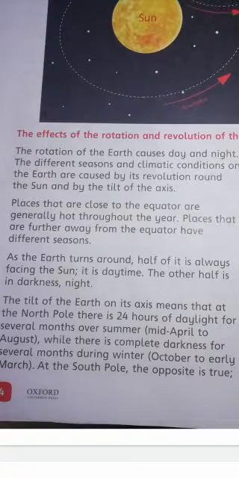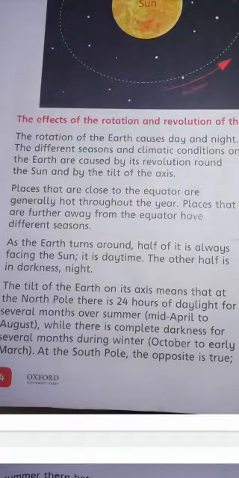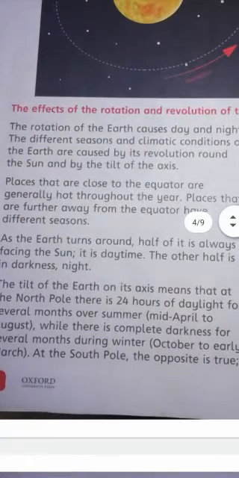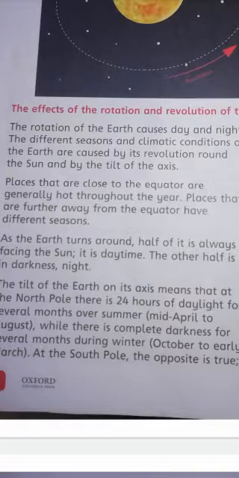For example, as the Earth turns around, half of it always faces the sun. जैसे ही earth move करती है, इसका आधा हिस्सा sun को face करता है, और जो part sun के सामने होता है, over there is daytime. और जो हिस्सा sun के पीछे होता है Earth का, that is night time, और वहाँ पे darkness होती है. तो इस तरह Earth की जो rotation है वो day and night को cause करती है. और जो places equator के नज़दीक होती हैं, those are very hot throughout the year, and the places which are away from the equator have different seasons, or they are cold throughout the year.